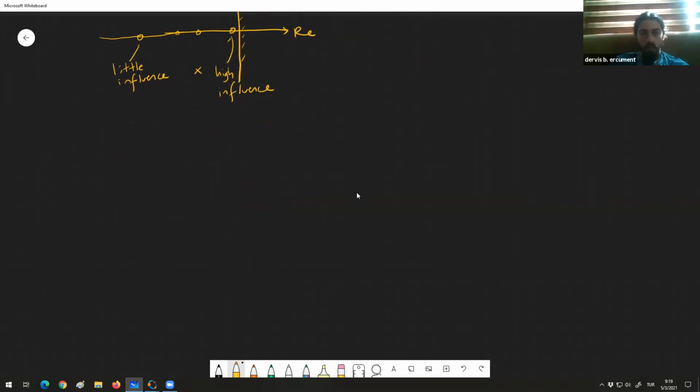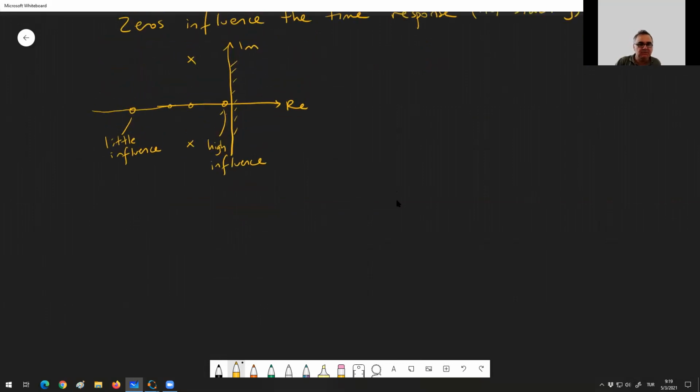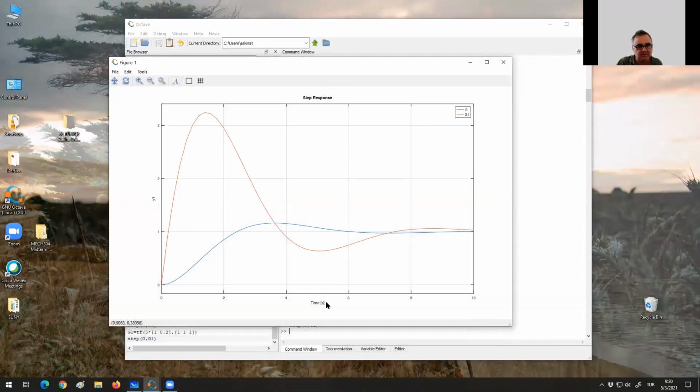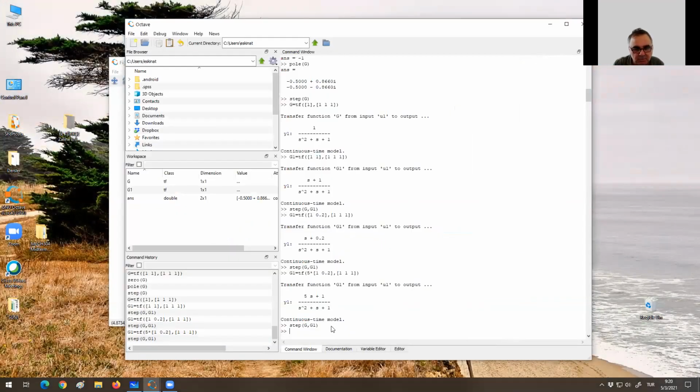Hocam, does anything change if the zeros are positive? Okay, that's a good question. Let's see what changes. Let me give you an example. Yes, things change, that's right. Let me go to MATLAB again, and let's make it minus 0.2 here.